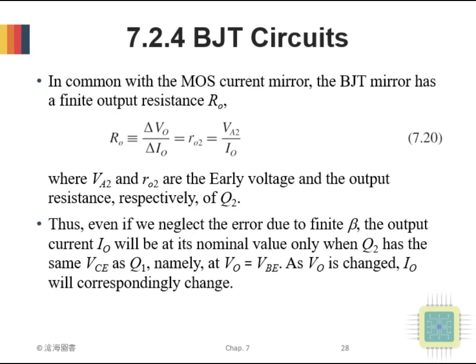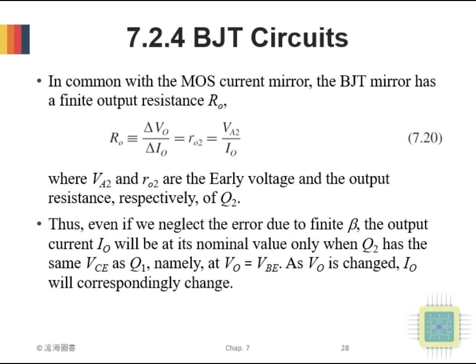In common with the MOS current mirror, the BJT mirror has a finite output resistance ro, as shown in equation 7.20, where VA2 and RO2 are the Early voltage and the output resistance, respectively, of Q2. Thus, even if we neglect the error due to finite beta, the output current IO will be at its nominal value only when Q2 has the same VCE as Q1, namely, at VO equals VB.